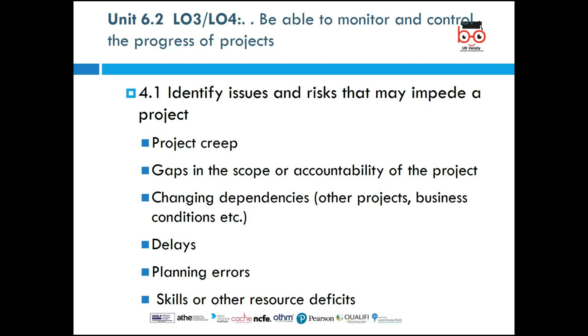Such issues are also likely to impede the project if people don't know their job role and their responsibilities. At the same time, if there are gaps in the scope and you're not quite sure how big or small the project should be, that is also likely to cause confusion and then cause the project to delay.